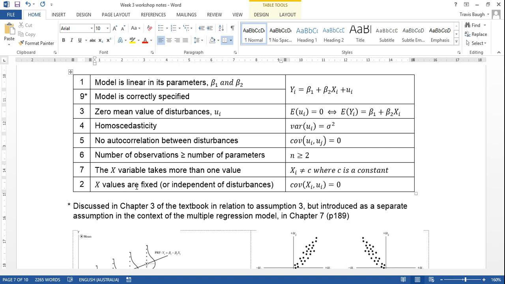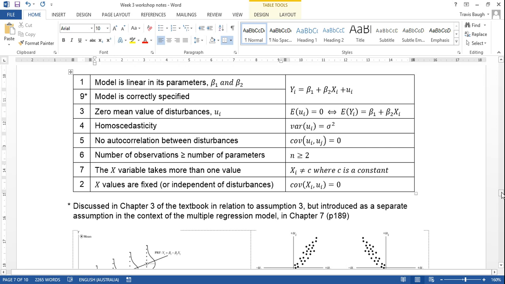In reality, this is probably not the case in the economic data that you may collect or analyze. But for the time being, we are going to say that the x values that we get in our data, we've been able to fix and set in advance of measuring them.